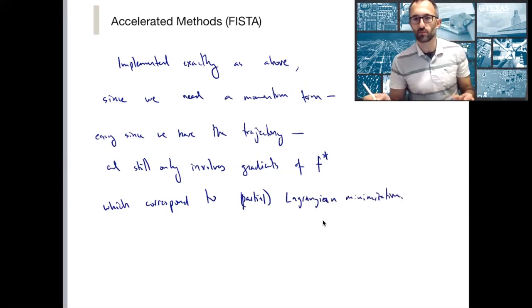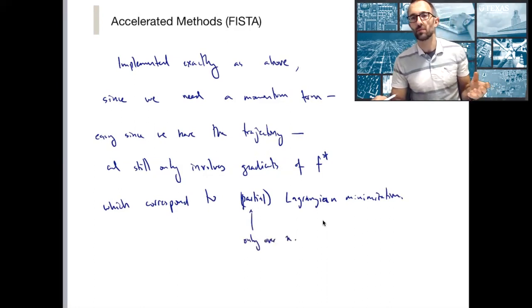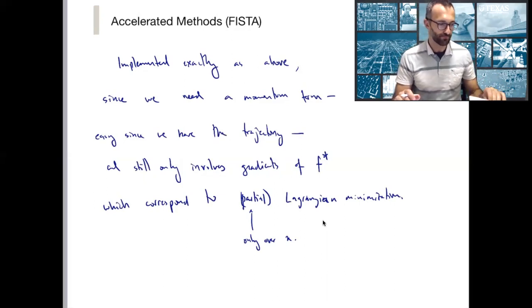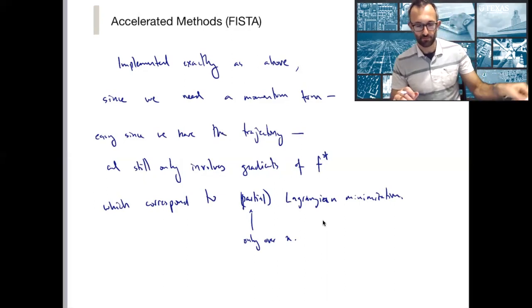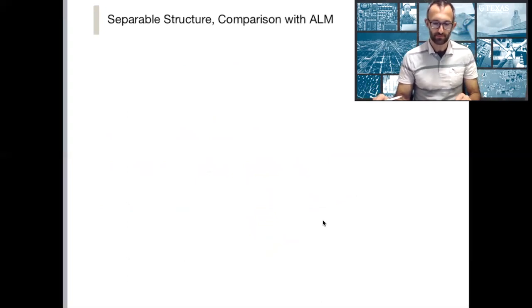And by partial, I just mean only over x. And then the prox term is essentially going to be the same. So we can use accelerated methods as well.